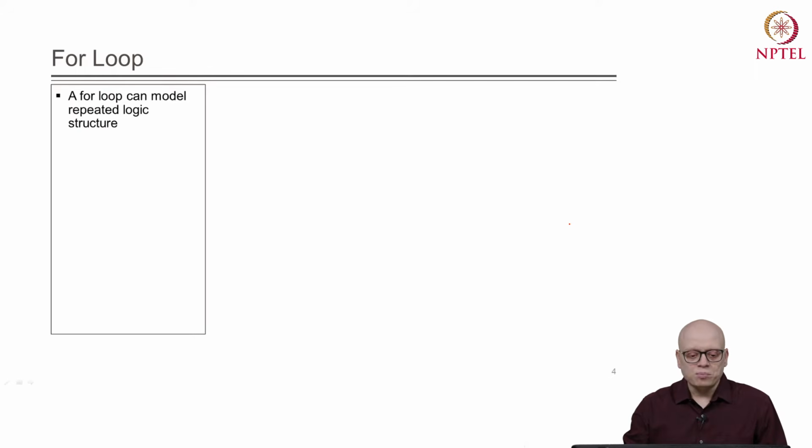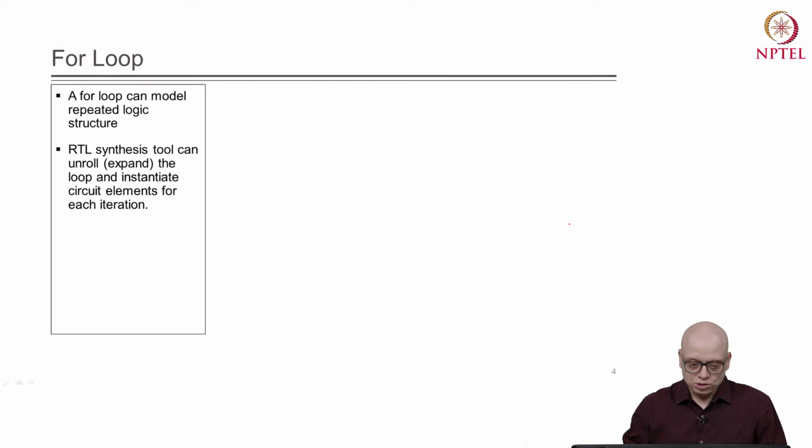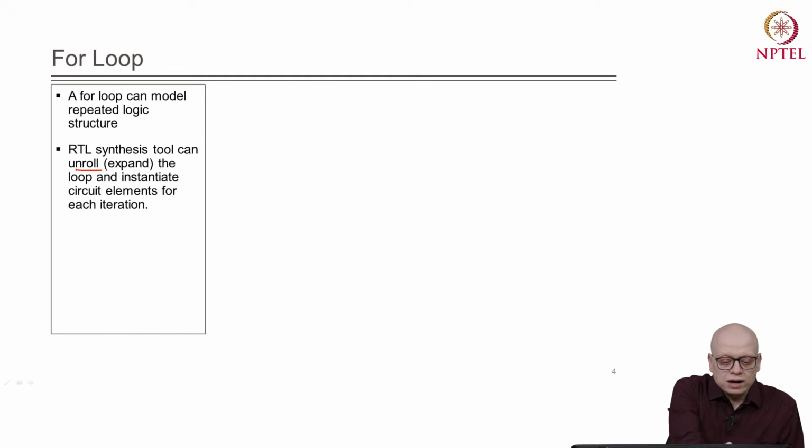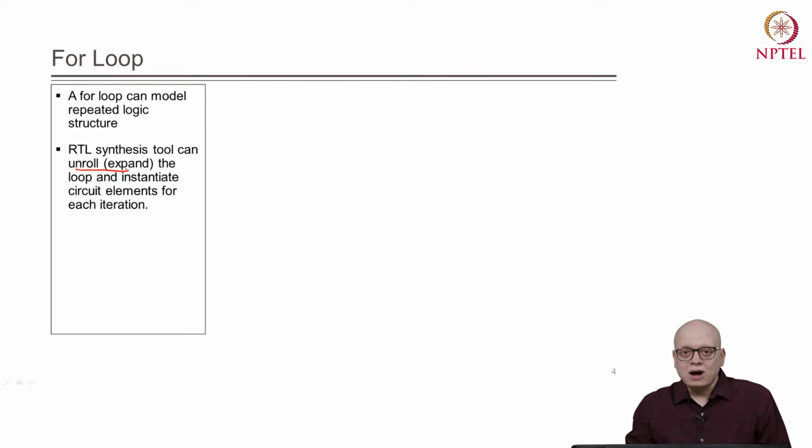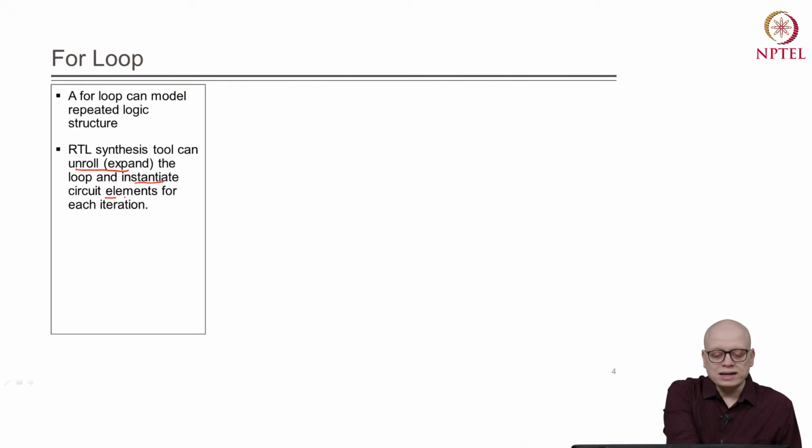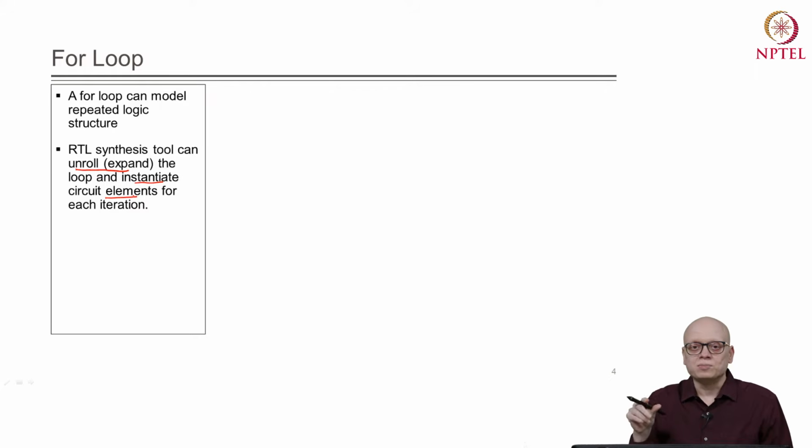A for loop can model repeated logic structure, and whenever an RTL synthesis tool wants to synthesize a for loop, what it does is that it expands or unrolls the loop, and after unrolling, whatever RTL constructs it encounters in each iteration, logic gates corresponding to that RTL construct are instantiated in the design.